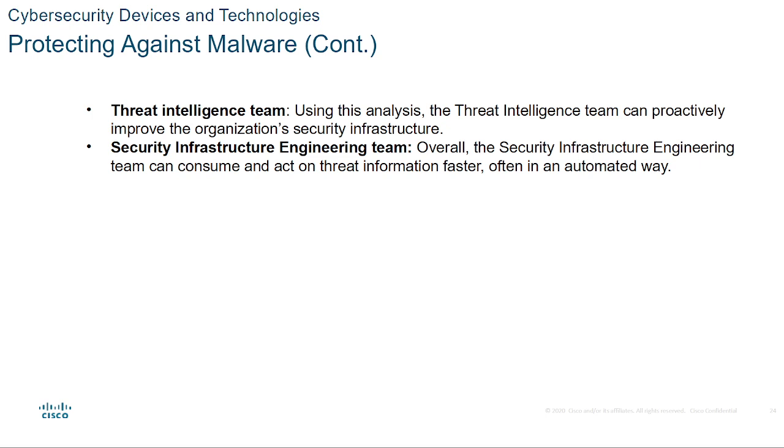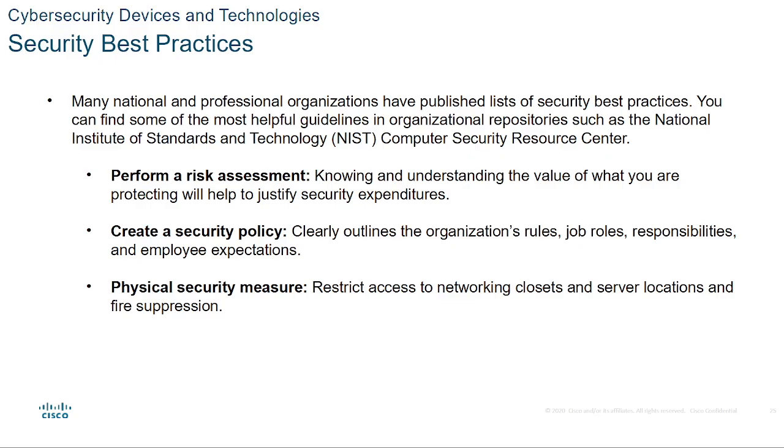Then the threat intelligence team use this analysis gotten from the incident response team, and they can proactively improve the organization's security infrastructure. Then there's the security infrastructure engineering team. So overall, the security infrastructure engineering team can consume and act on threat information faster, often in an automated way.